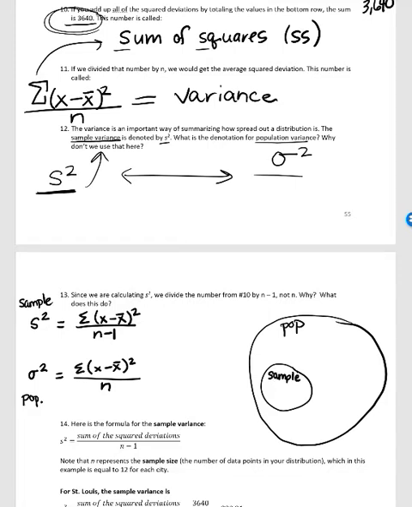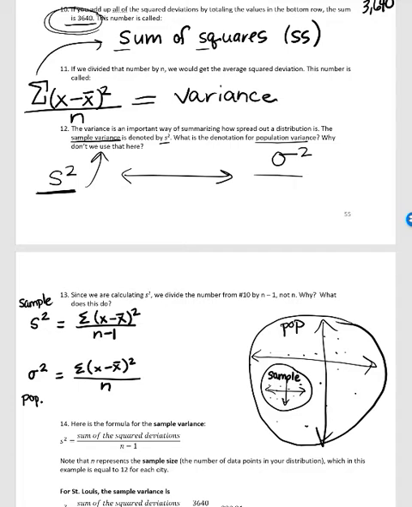Now think about if this is a ton of different people, and this is also different people, but fewer different people. Where would you expect to see more variation? In this larger group with more people, or in this smaller group with fewer people? Where would you expect to see more differences?